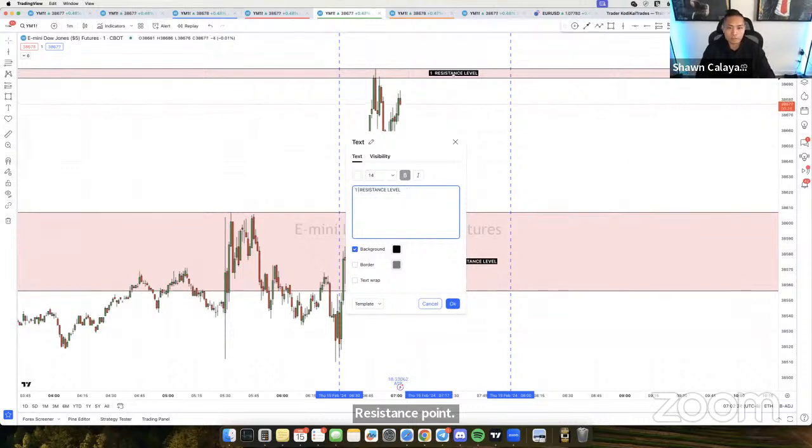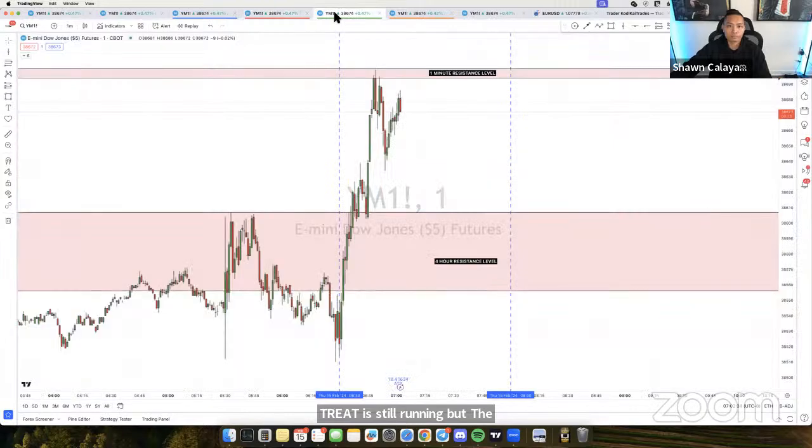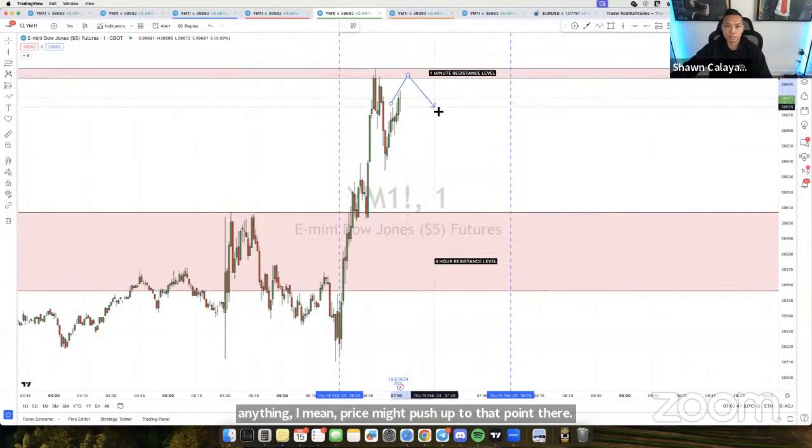So there's not really too much going on. The trade is still running, but the volatility is kind of low now. If anything, price might push up to that point there, hit TP, and then come back down.